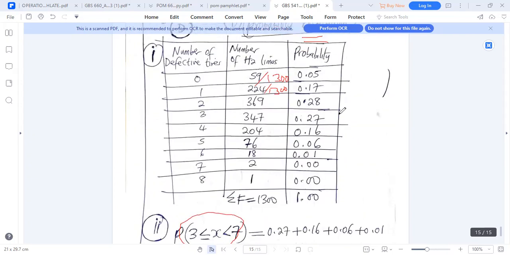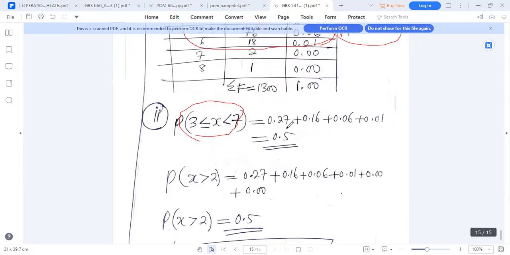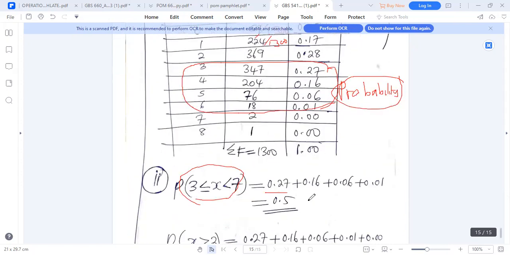These are the ones we consider, and this is how we obtained this and how we started adding from here up to the other one.